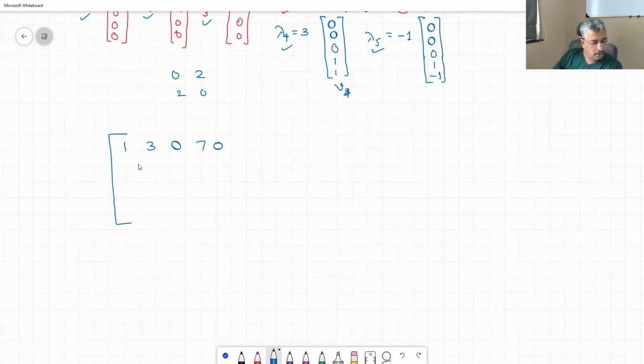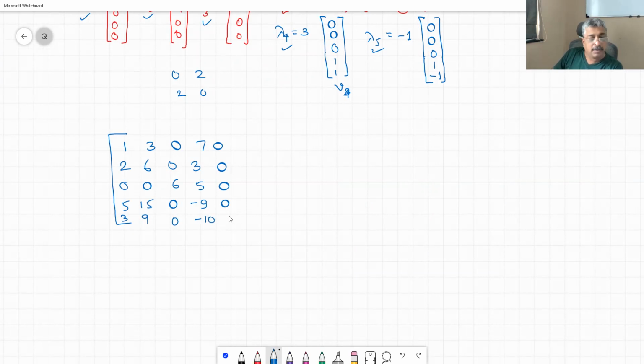The rows are 1, 3, 0, 7, 0; 2, 6, 0, 3, 0; 0, 0, 6, 5, 0; 5, 1, 5, 0, minus 9; 0, 3, 9, 0, minus 1, minus 10 and 9.